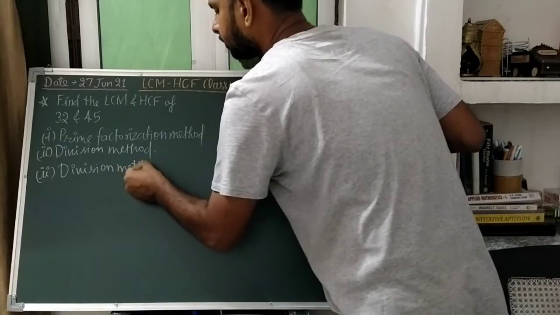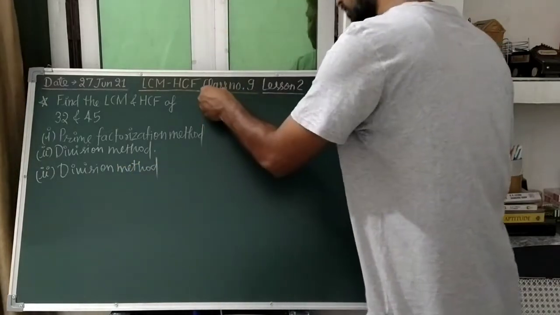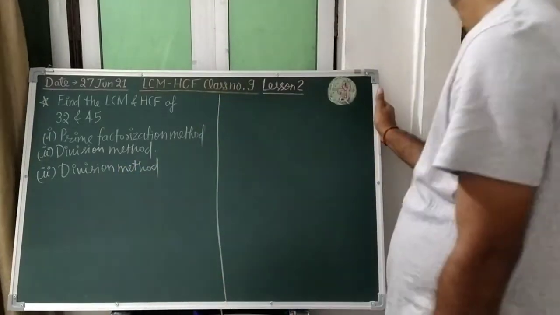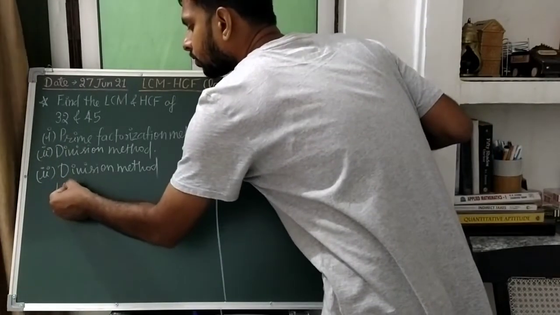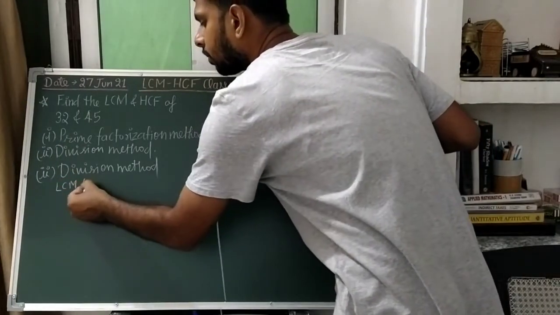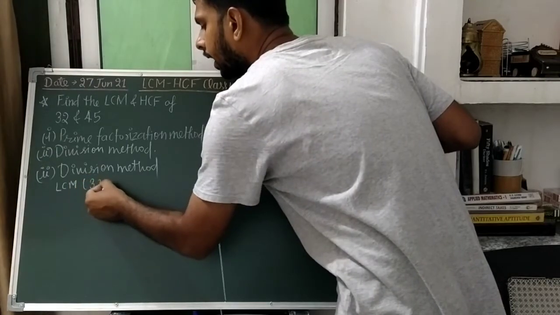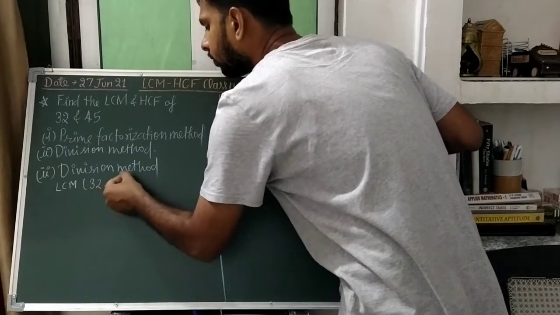Division. So in the division method, suppose we want to find the LCM of 32 and 45.